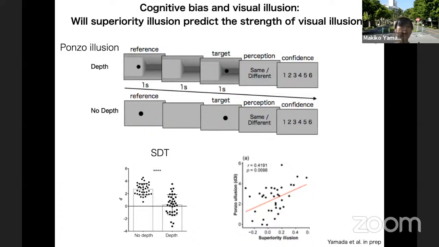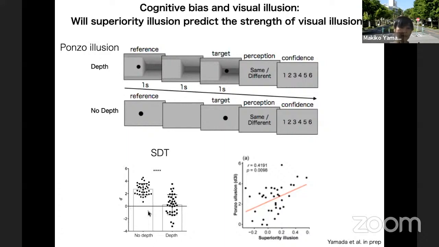We applied the Ponzo illusion. In one condition there is a depth cue, but in the other condition there is no cue. Subjects were asked to judge whether the size of two circles, left one and right one, are the same or different. And then they answered their confidence level. We calculated d prime using signal detection theory.